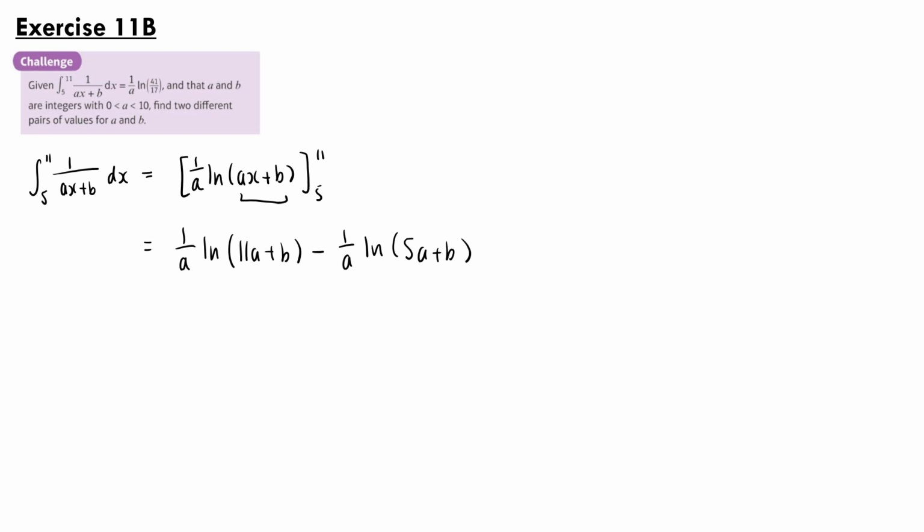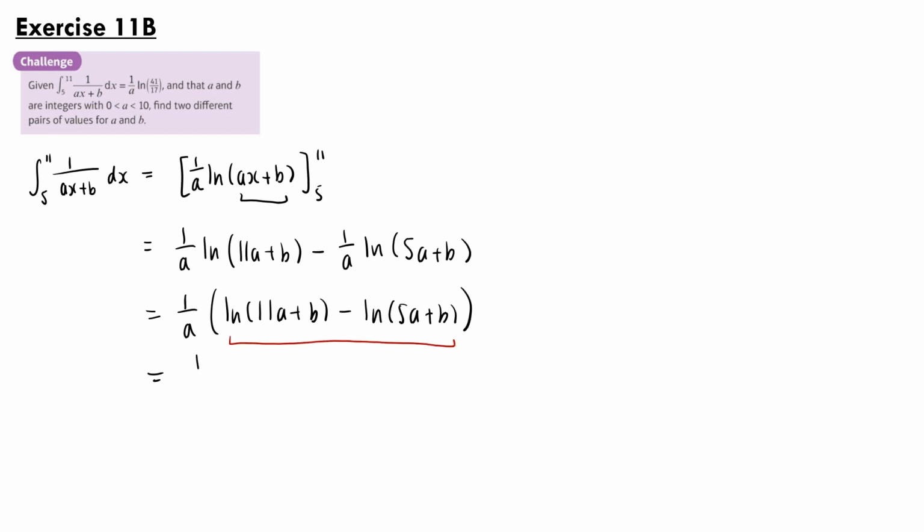Okay. And now we can use laws of logarithms here. So if we first factorise that 1 over a out, we get 1 over a times ln 11a plus b, take away ln of 5a plus b. And the laws of logarithms means we can rewrite this inside the bracket here as ln of 11a plus b over 5a plus b, and we're told that that equals 1 over a ln of 41 over 17.